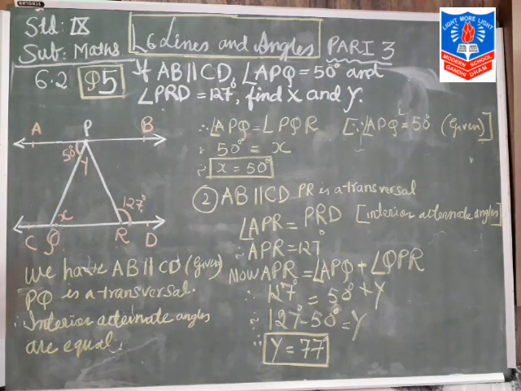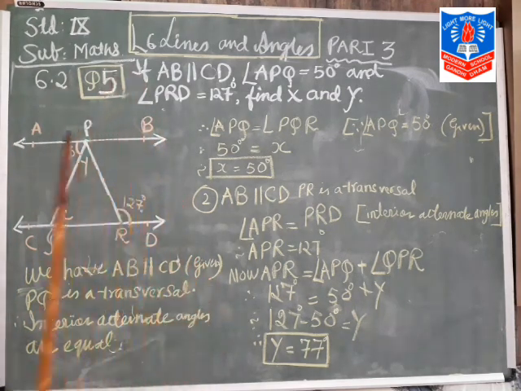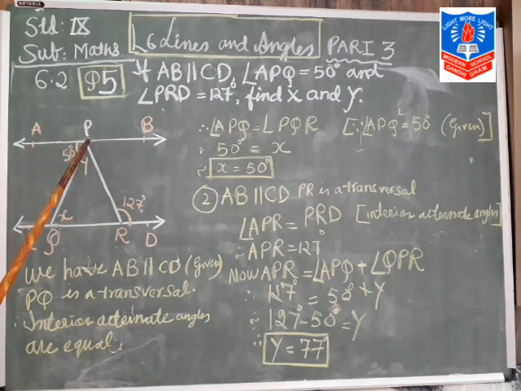Clear children? Now AB is parallel to CD and PR is a transversal. So APR equals PRD. PRD is given as 127, but APR we have in two parts, because APR equals APQ plus QPR. Be careful children.